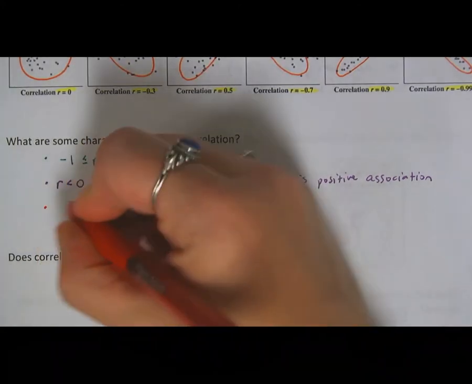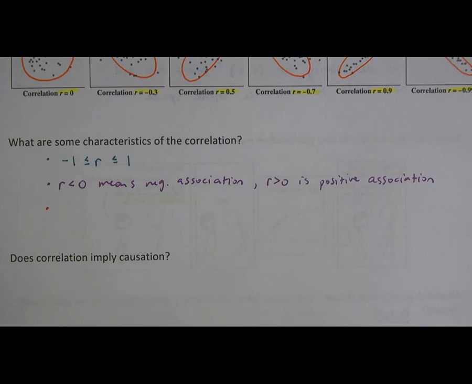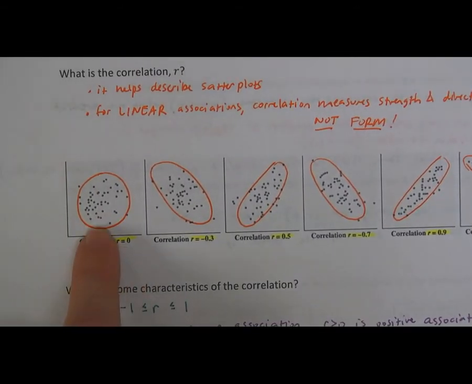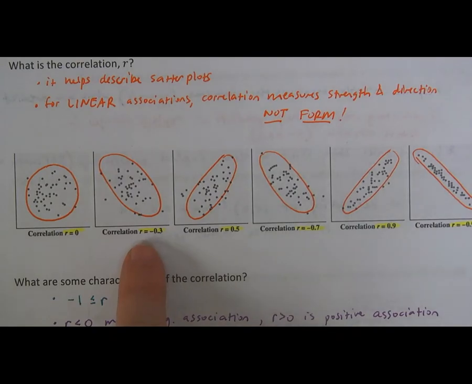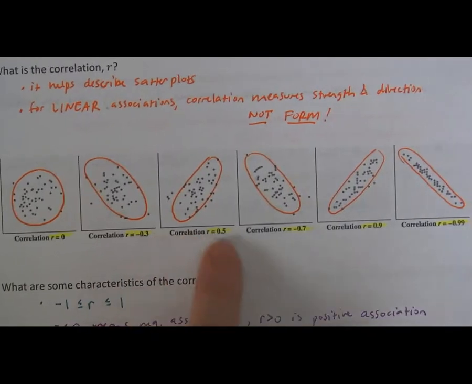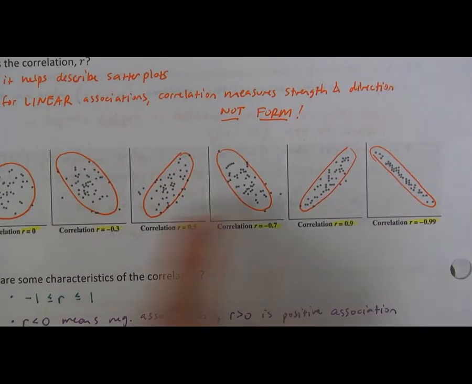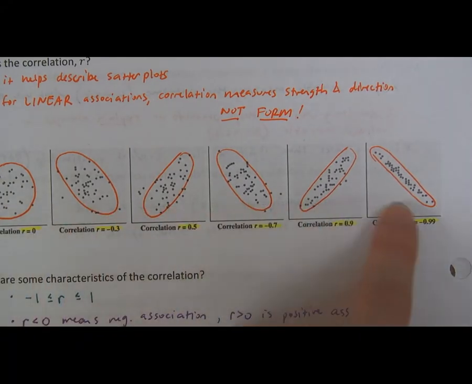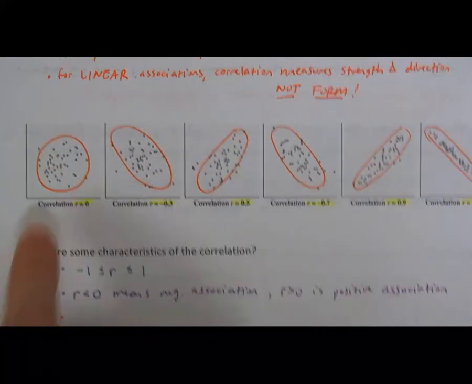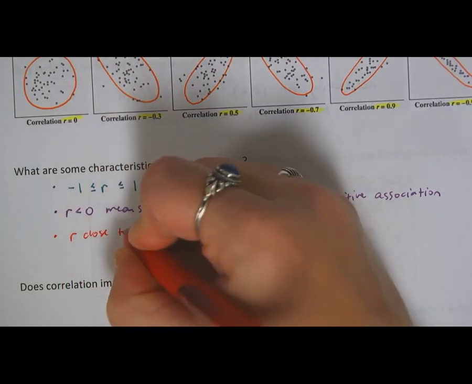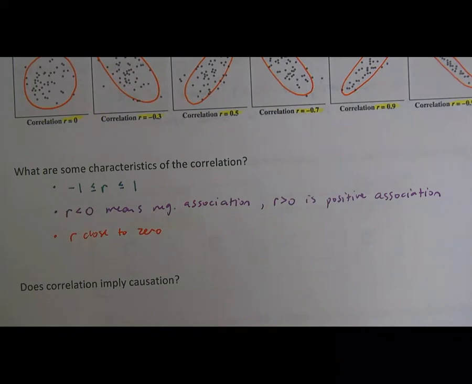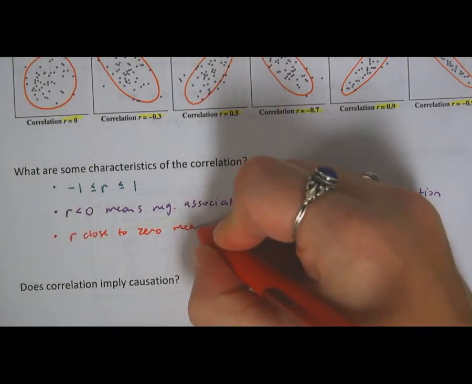The closer R is to 0, the weaker the strength. Like, look, when R is 0, it's like you can't even tell what form that has. And then as we move from left to right in these examples that are pictured here, you can tell the 0.3, 0.5, 0.7, 0.9, 0.99 gets stronger and stronger and stronger. So as R gets closer to 0, R close to 0 means weak.